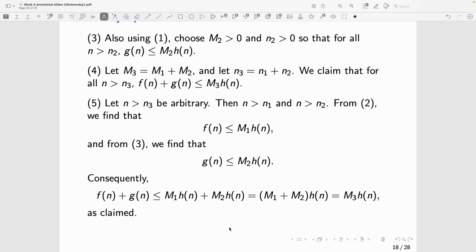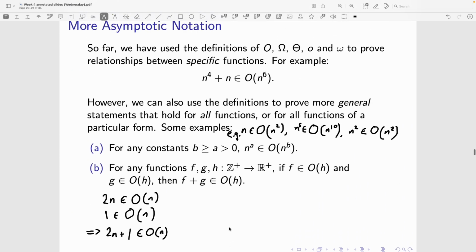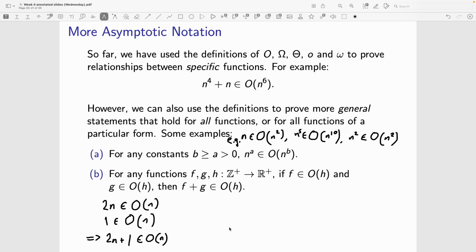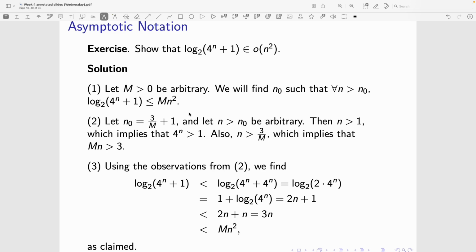You don't necessarily need to memorize them, but if you do memorize them, the first question of the quiz will be super easy. The second question of the quiz, I haven't decided yet, but will probably be something like the examples I did today, which is proving that some functions are related to each other in some way from the definitions.